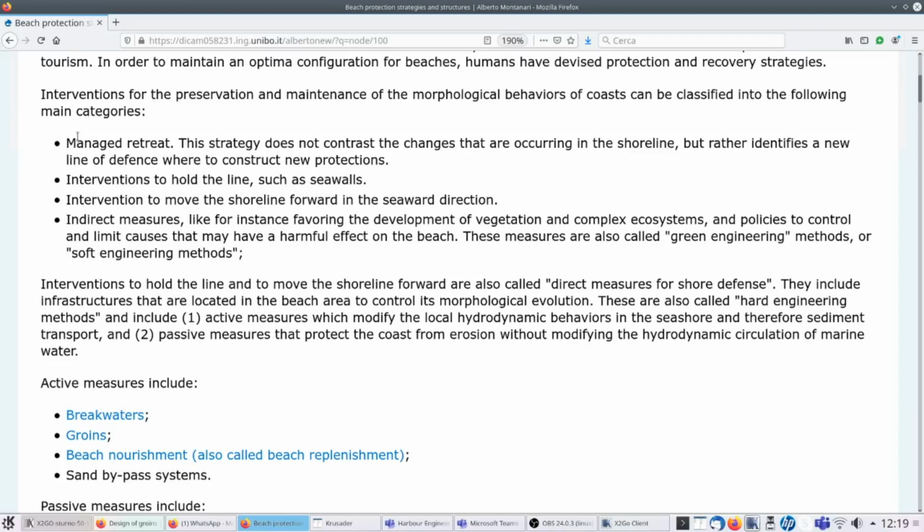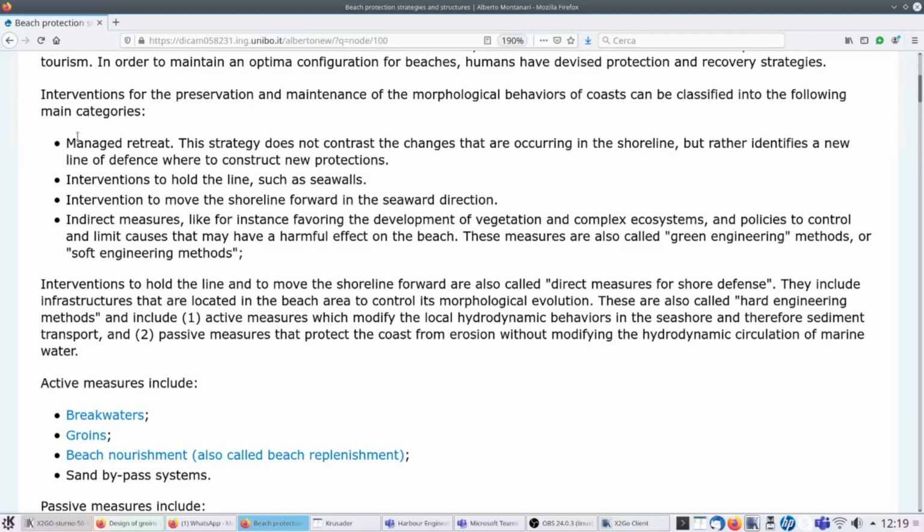There is a two-way interaction. The environment has an influence on society, society has an influence on the environment. And this complex interaction is to be, first of all, understood. And then, based on our understanding and depending on the peculiar behavior of the case we are studying, we have to devise what is the best solution, which usually, as I said, is an integration of methods. And of course, for the engineer, there is a preliminary knowledge to gain.